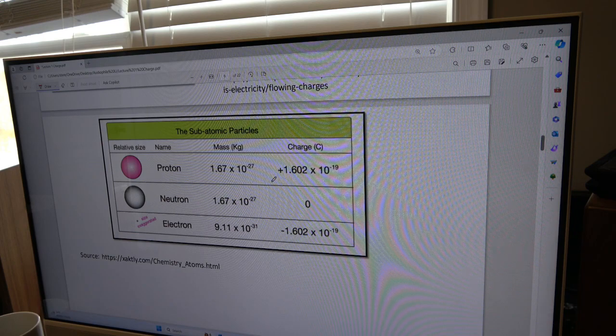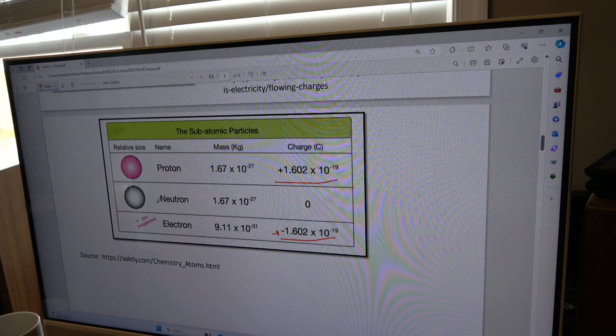A proton has a charge of positive 1.602 times 10 to the negative 19. What a small number, right? An electron has the same charge, but of opposite polarity. It's negative. So they're the same charge.